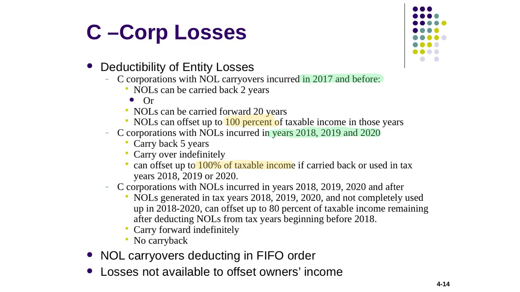Then the third set, C corporations with NOLs incurred in years 2018, 2019, 2020, and later. I'm even going to highlight the "and after" piece, because this distinguishes it from the second set.